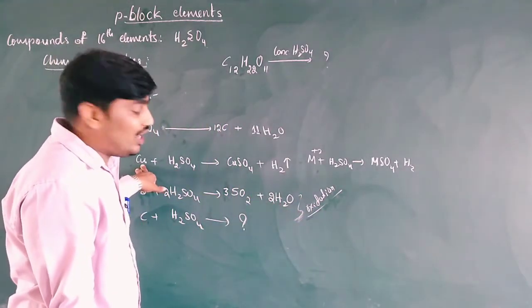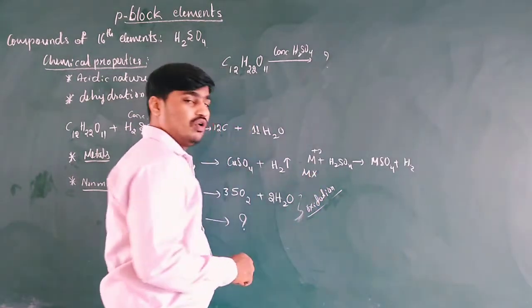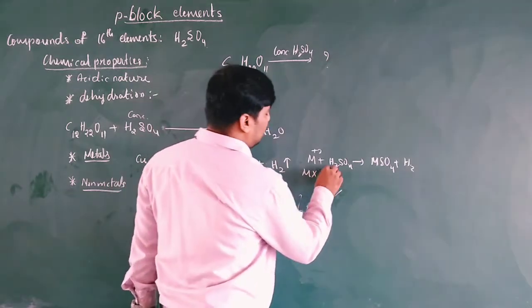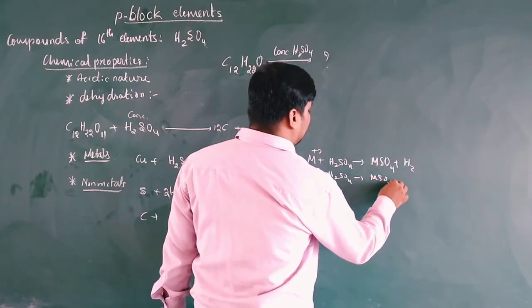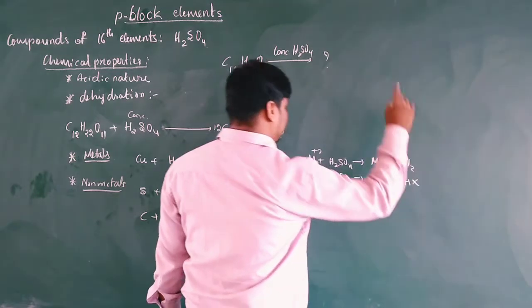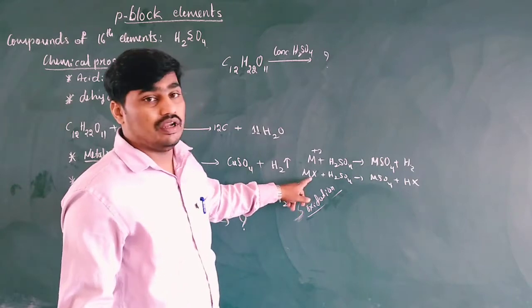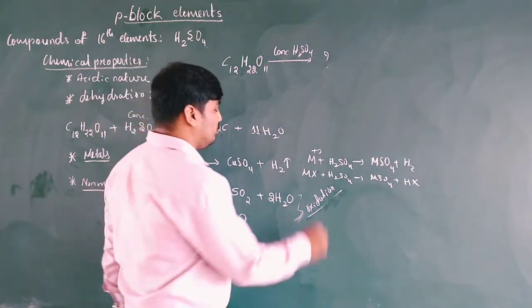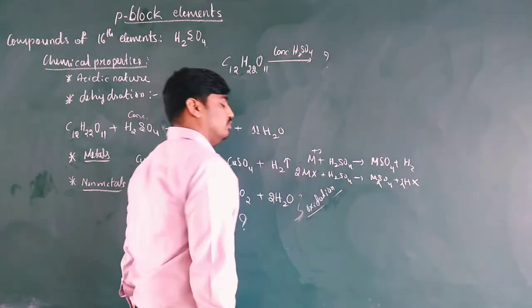And here, suppose a metallic halide MX, okay, like sodium chloride, reacts with H2SO4. What happens in this case? Again metal sulfate is formed and HX is evaporated. Okay, so this is the general reaction for metal halides. Here we should consider this one is 2 and M2SO4.